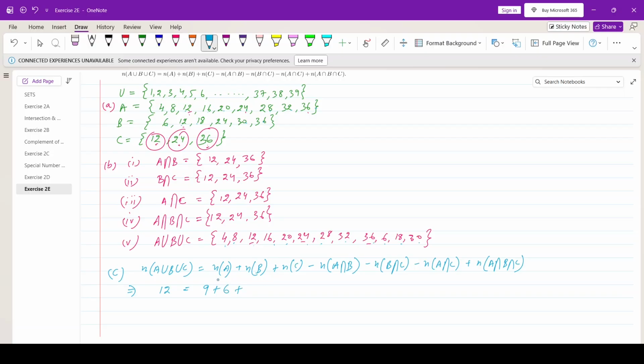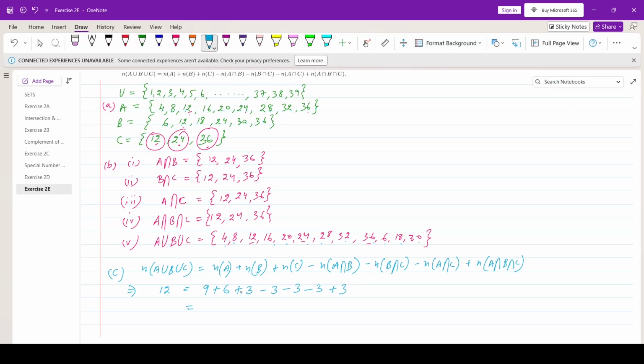Number of elements in C is 3, minus number of elements in A intersection B, that is 3, minus number of elements in B intersection C, 3, minus number of elements in A intersection C, that is 3, plus number of elements in A intersection B intersection C, that is 1, 2, 3.